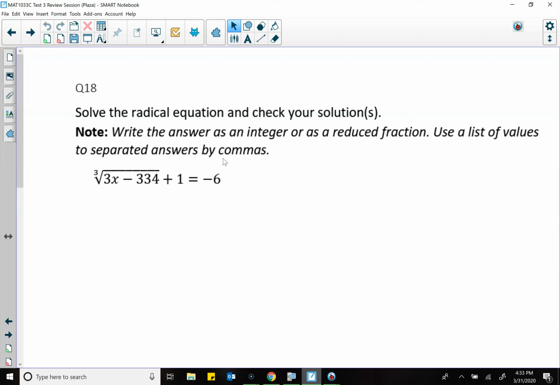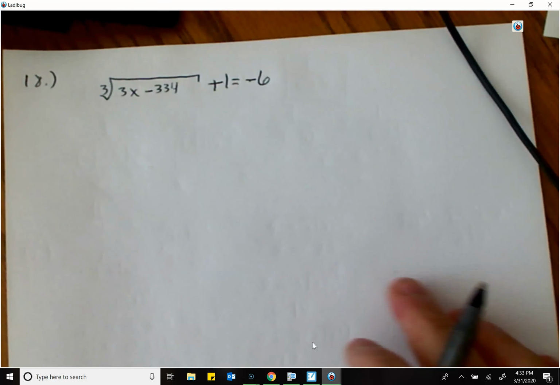So we got the cube root of 3x minus 334 plus 1 equal to negative 6. Okay? So here's our problem.